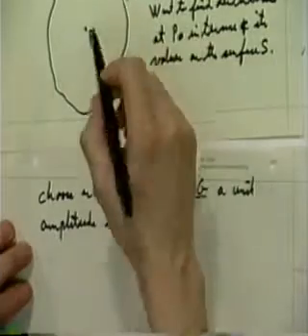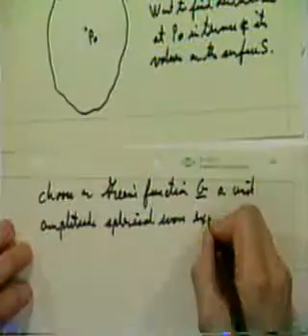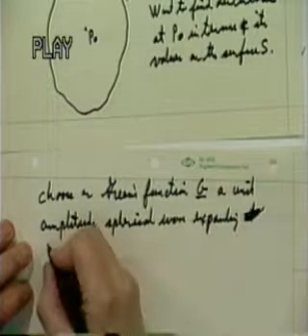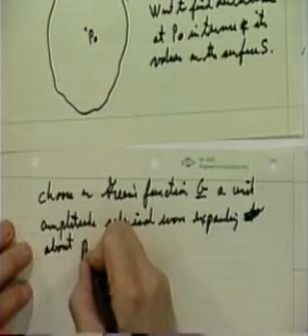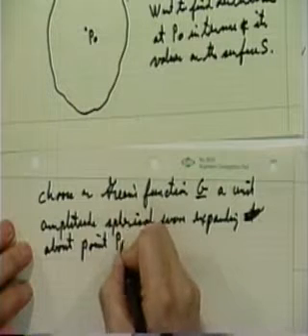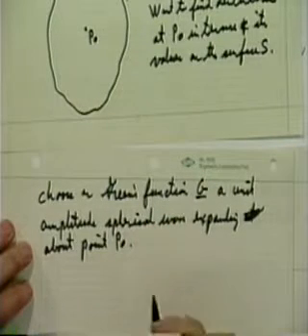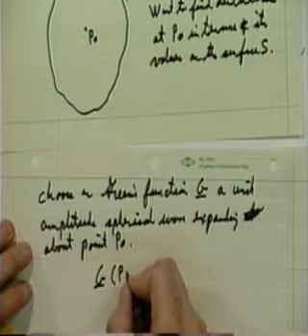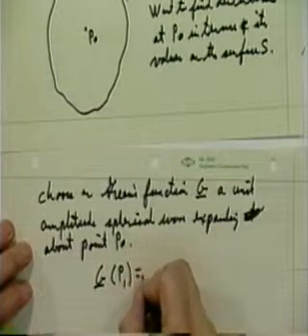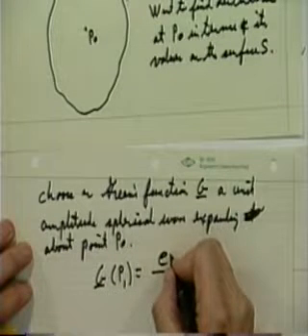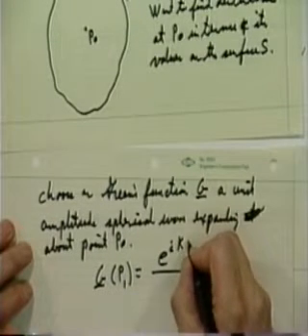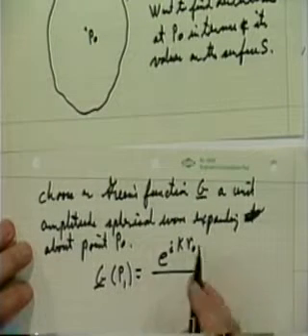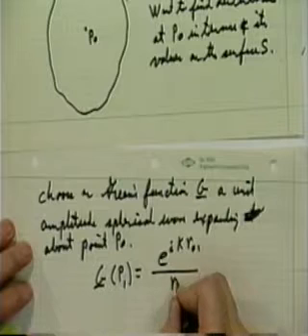Expanding about the point P naught. And so G at some point P1 is e to the i k R01, where R01 is the distance from point P0 to P1, divided by R01.